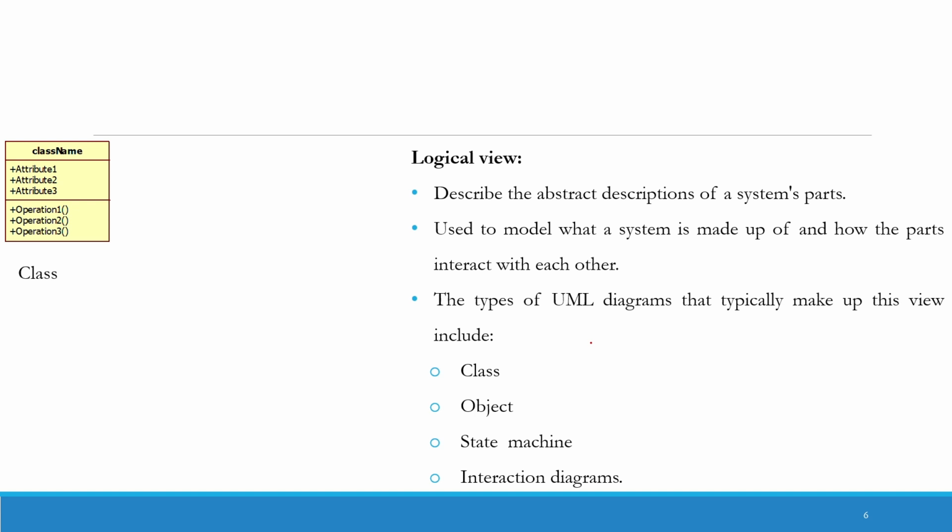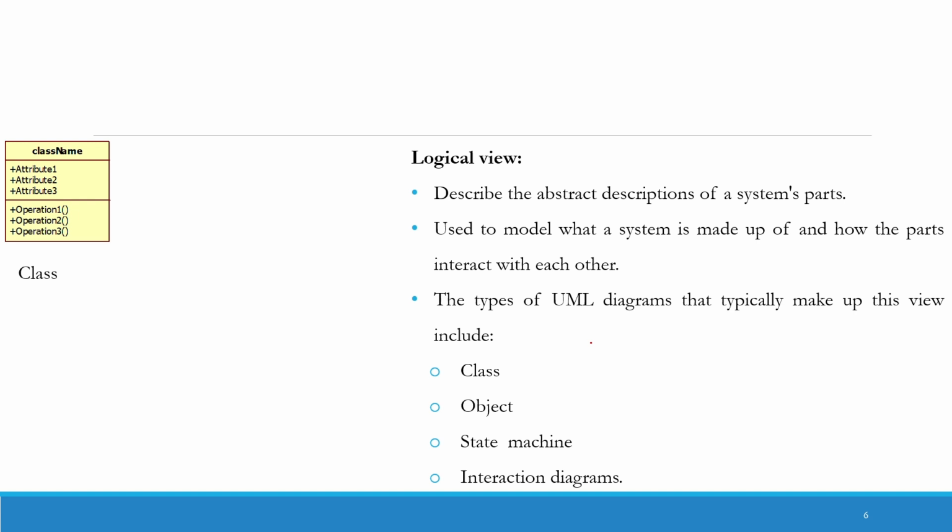When you say the logical view, here abstractly, we are going to describe the system parts. The system will have different parts. We will describe those parts here. The system may have three parts, four parts, and so on.